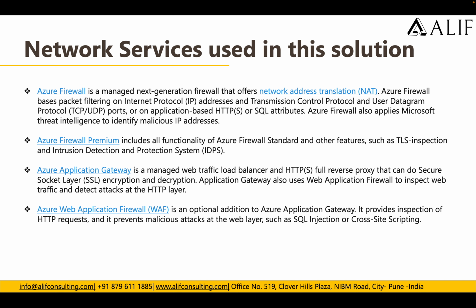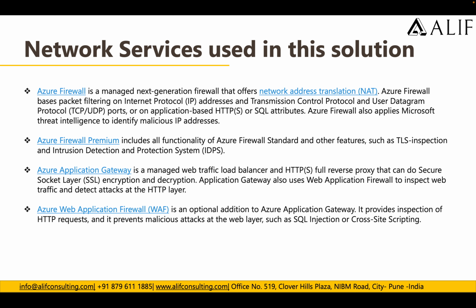It can be auto-scaled, and it provides features like filtering of IP traffic, network IPs, internet protocols, UDRs, TCP and UDP ports, application-based HTTP and HTTPS requests, and SQL attributes. All of those are available with Azure Firewall.